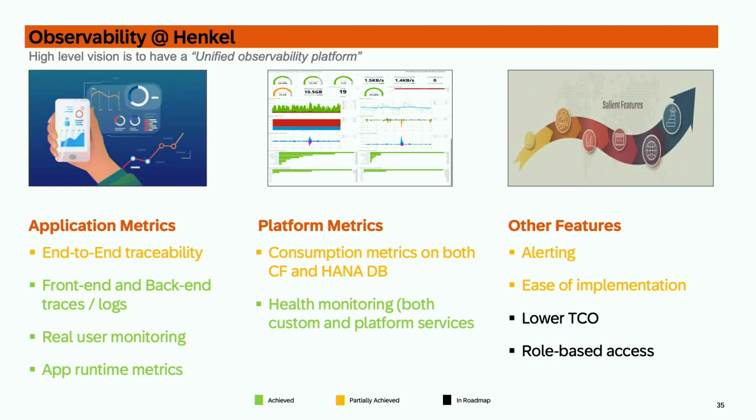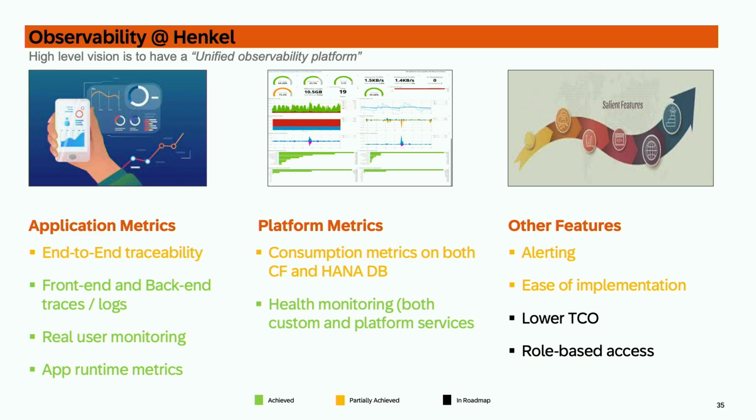Then we are looking at the platform metrics, because we are using HANA Cloud, Integration Suite, all these cross-cutting technologies which we are sharing between the different projects. And here it's very important to also capture the metrics on Cloud Foundry, on HANA especially, so that we can really utilize the HANA which is running in our environment, and health monitoring for sure.